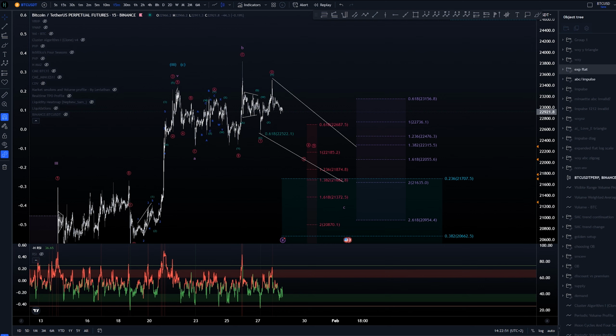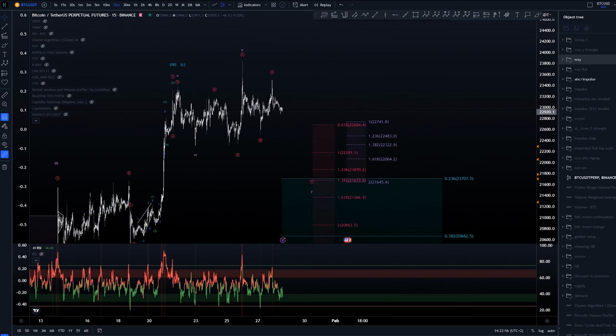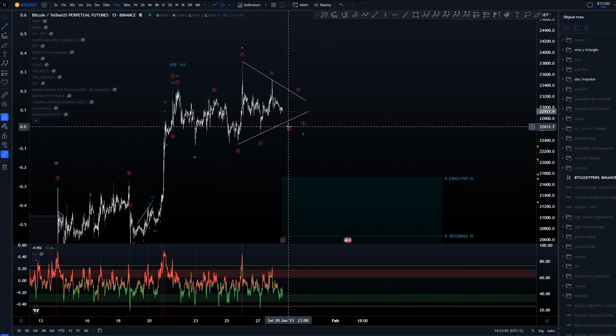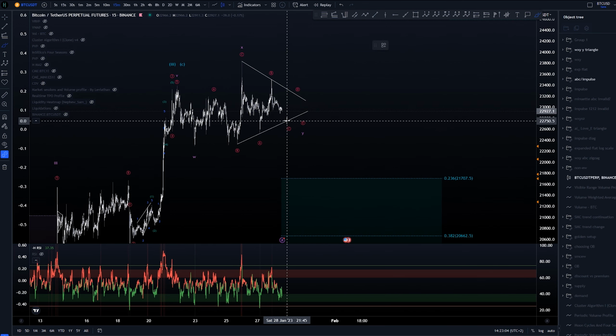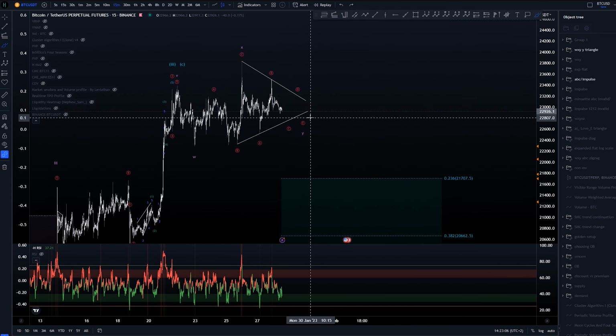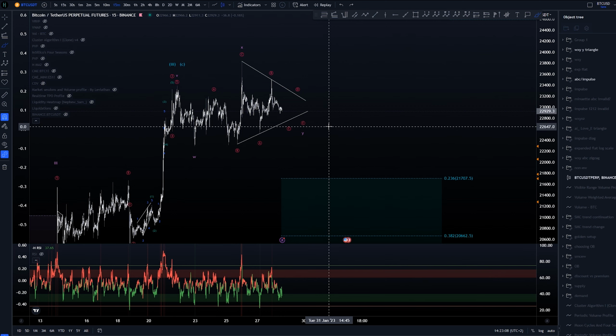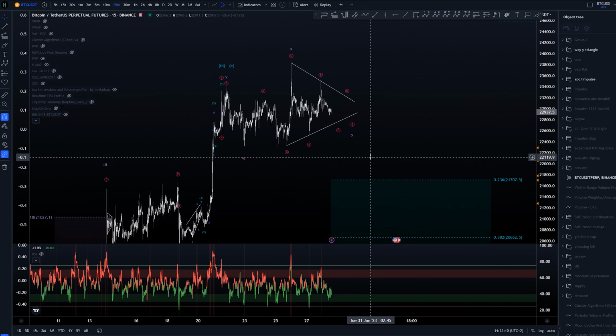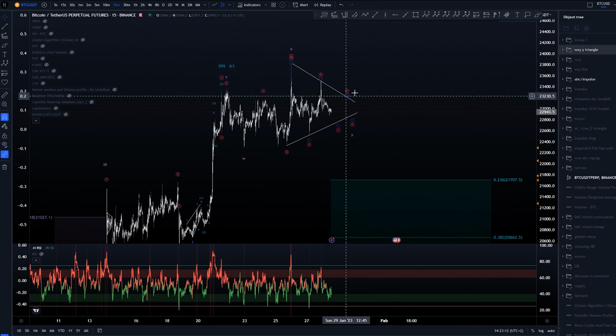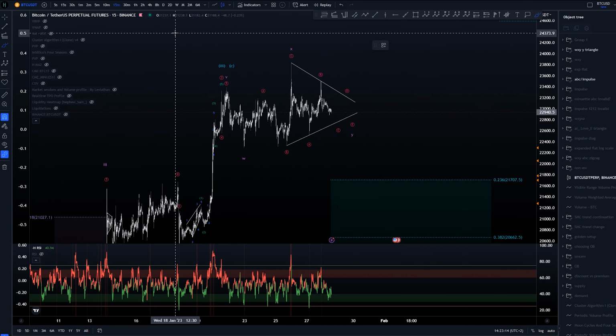Shorts are favoring the flat scenario downside, the WXY scenario downwards, and then the triangle downwards still to the C. However, there could be some choppiness around here still to be had. But those are the three counts that I'm currently looking at on this very sideways structure.